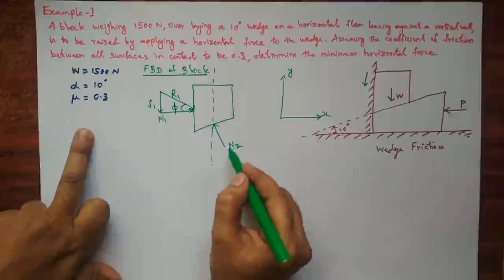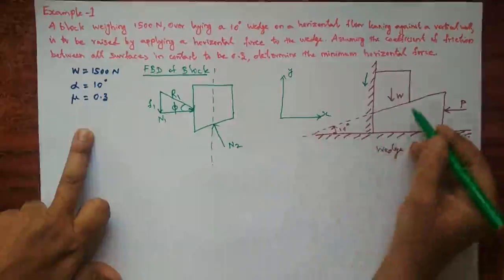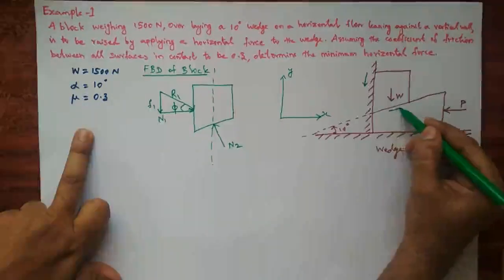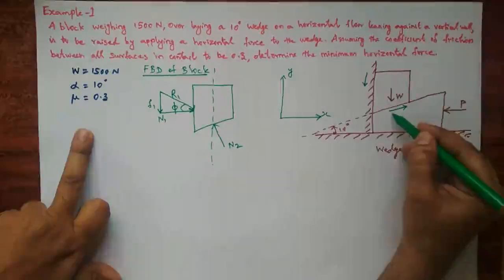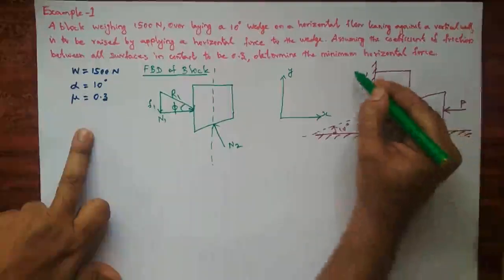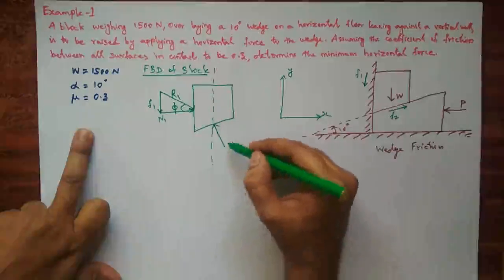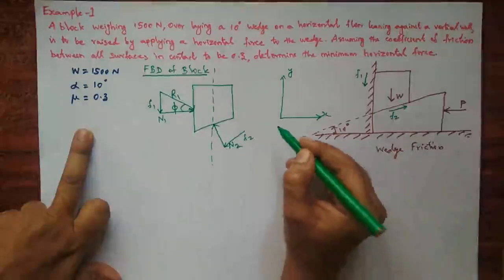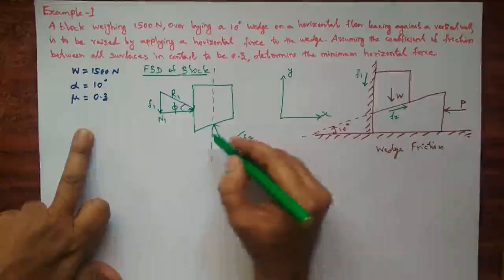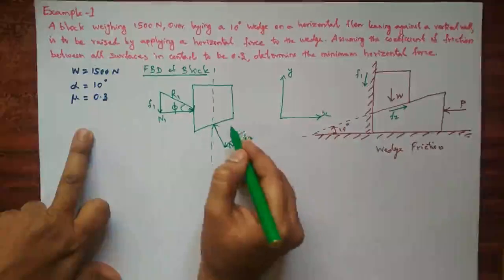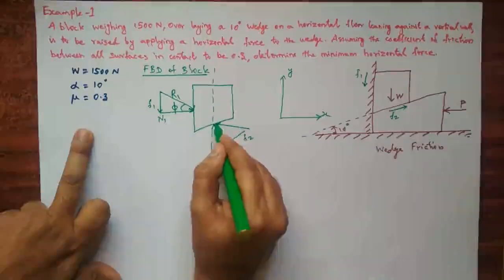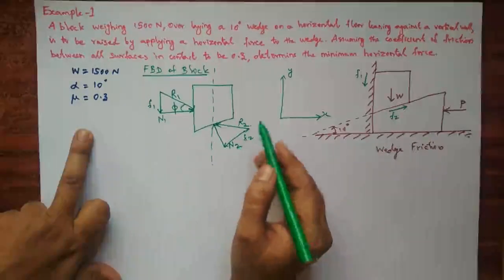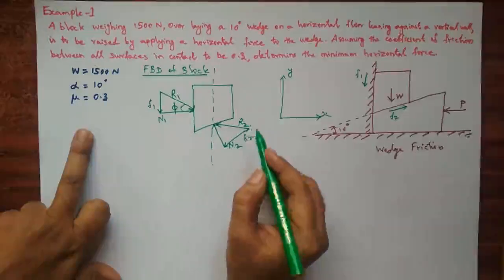Also here, this is N2, and the block is moving towards the left hand side, hence there is a frictional resistance in the opposite direction, that is F2. This is F1, this is F2. So I am replacing these two forces, N2 and F2, with a common force, R2.